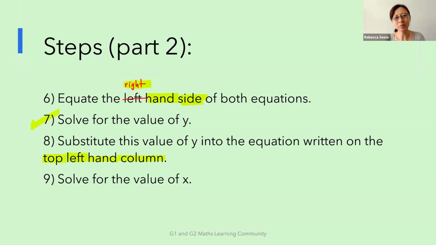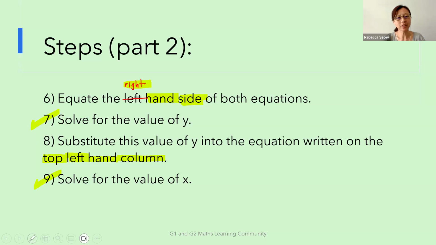Let's just not think too much, but substitute it right at the first equation on the top left column. And finally, we solve for the value of x. And again, this is the step I will not delve too deeply into because I will assume that you are able to solve for linear equations.